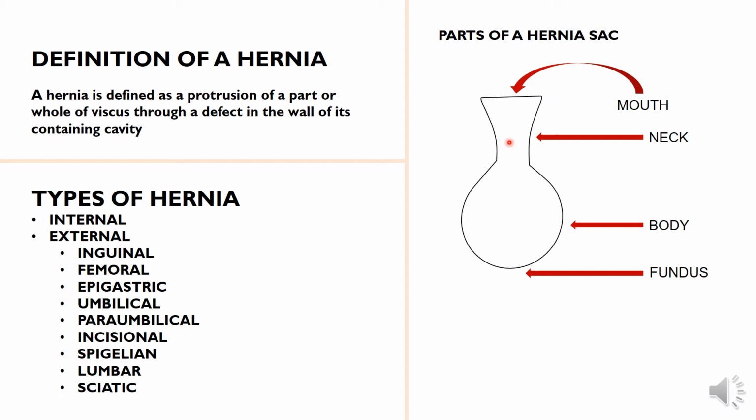Now this neck determines whether this hernia is reducible or irreducible. The neck could become tight, or the neck could be loose, or it could become tight with time. Then there is the body of the hernia, and then the most dependent portion is called the fundus of the hernia sac.